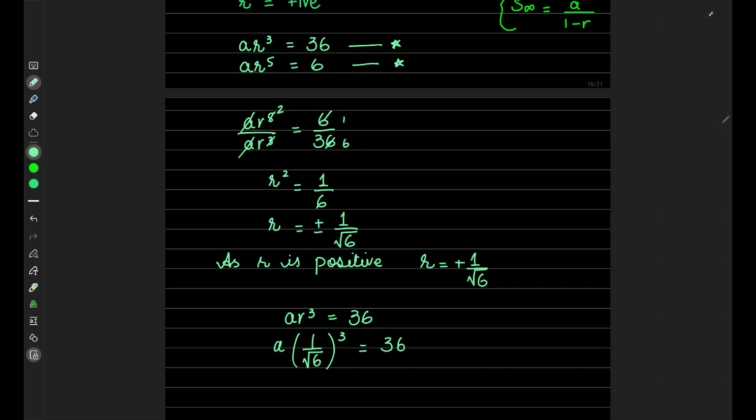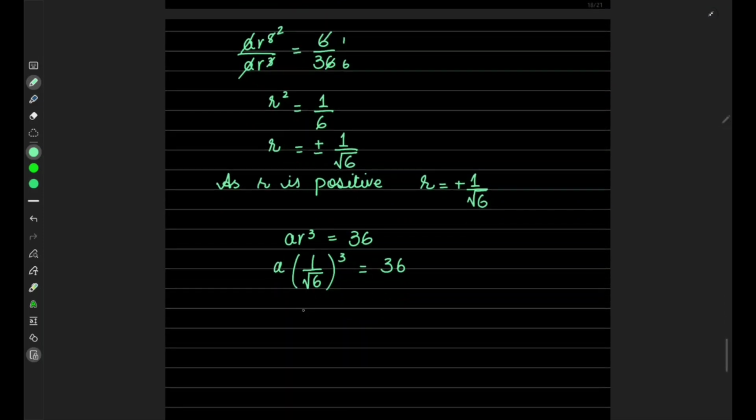When we solve it further, a over 6 to the power 3 over 2 equals 36. A equals 36 times 6 root 6.